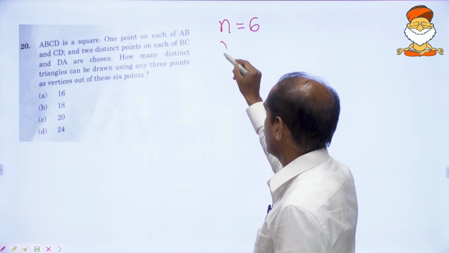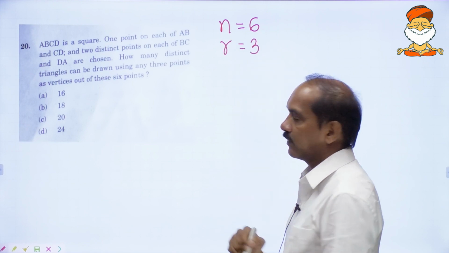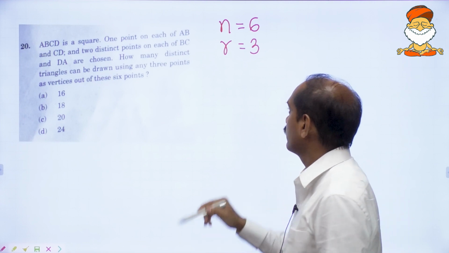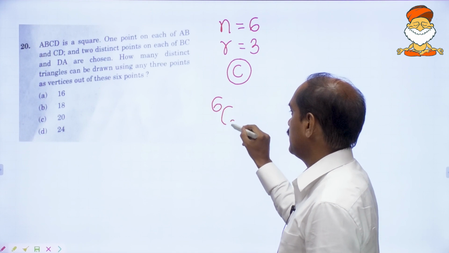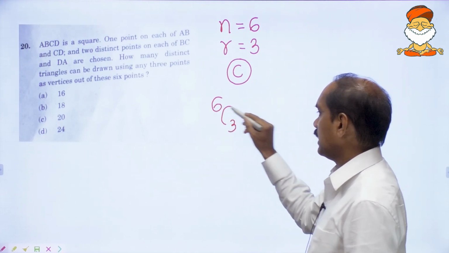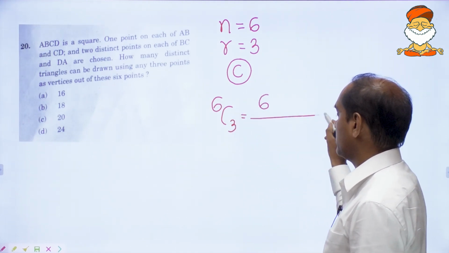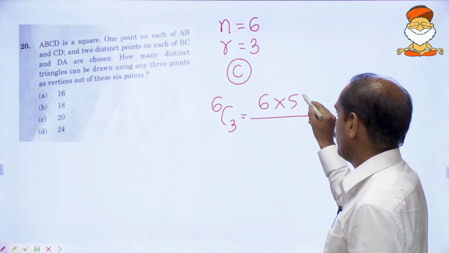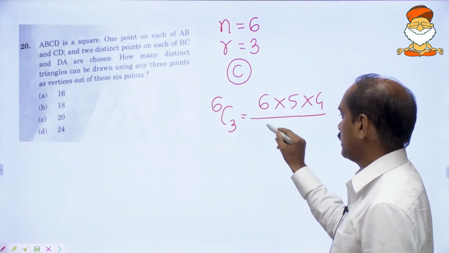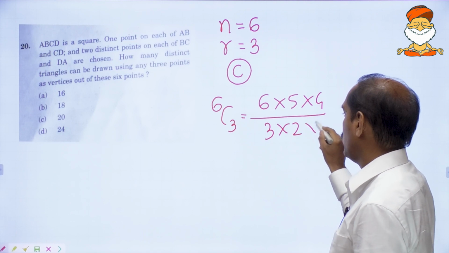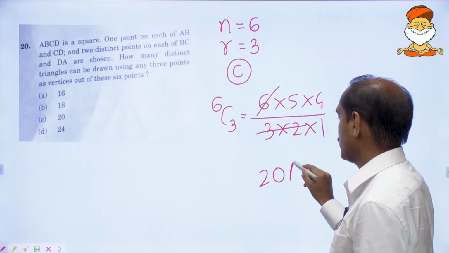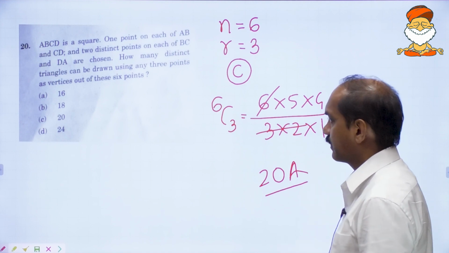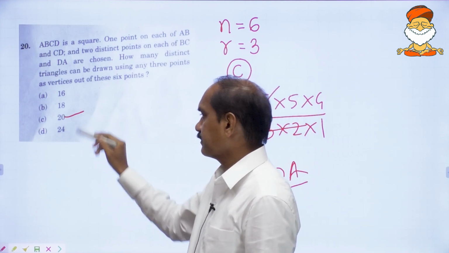And to draw a triangle, you require 3 points. It is a case of combinations. 6C3, start with 6, write down 3 numbers: 6, 5, 4. Start with 3, go till 1: 3, 2, 1. 3 twos are 6, 6 cancels. The final answer is 20.